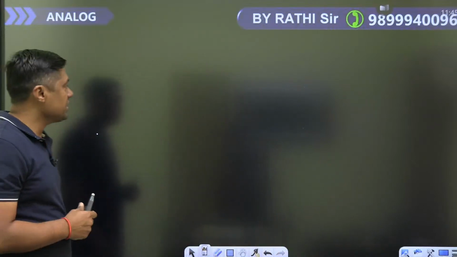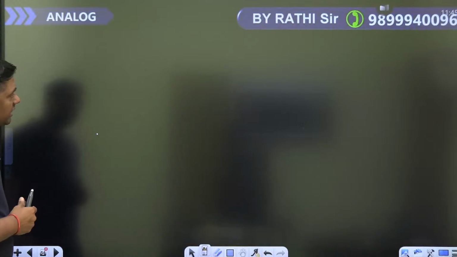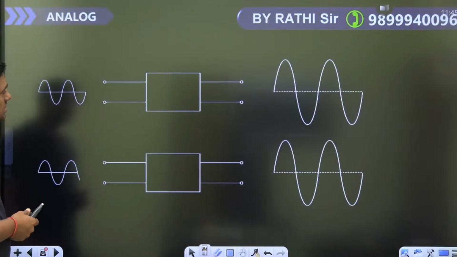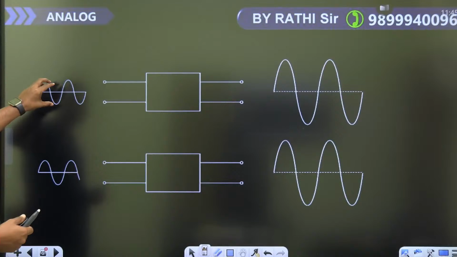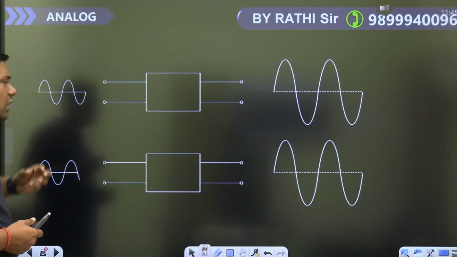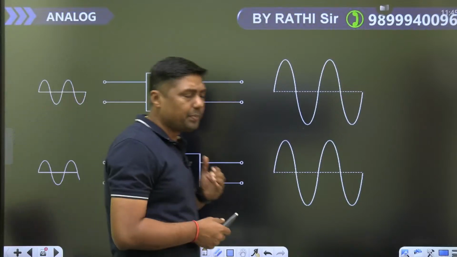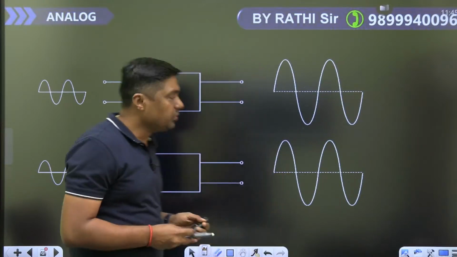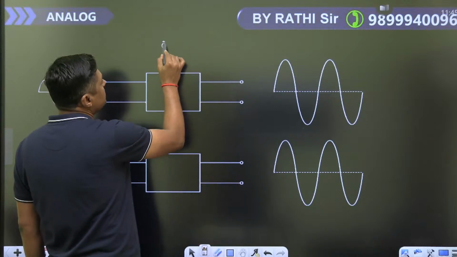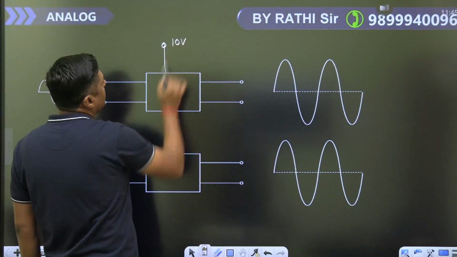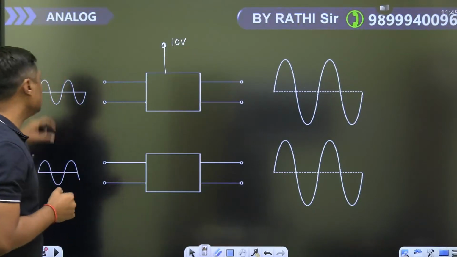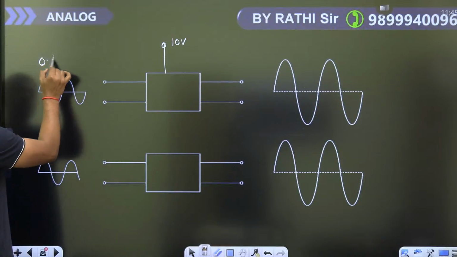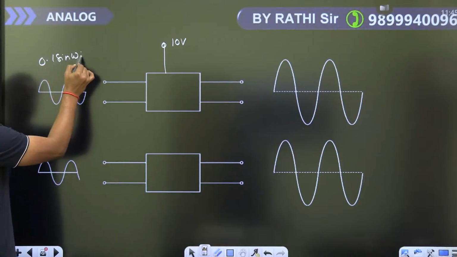Okay, so amplification. For amplification, guys, just watch this. We are giving a small signal. When we talk about a small signal as compared to DC, it is very small. For example, you are giving a supply voltage in a BJT of 10 volt, and the signal is sinusoidal, 0.1 sin omega t volt.